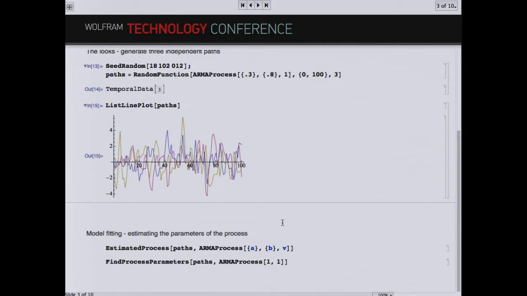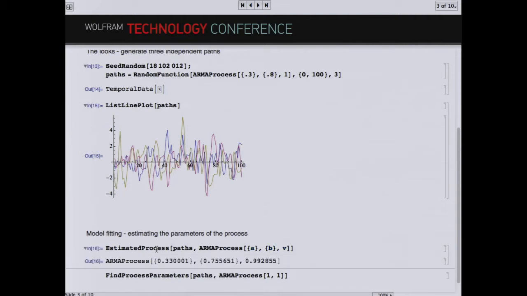What we want to do, of course, is, if I have a sample, to recover the parameters of the model, so to find a model. There are 2 functions which are twins in a way: estimated process, just as we had estimated distribution in version 8. So I can write find estimated process, and it returns the ARMA process. What I'm giving here is exactly the shape of the model.